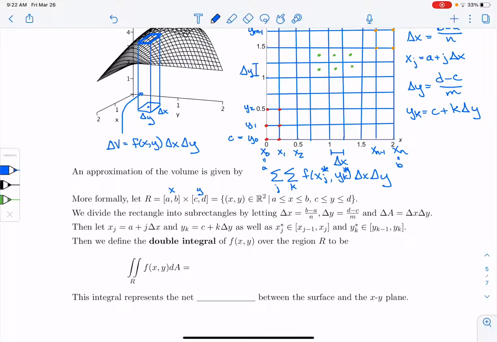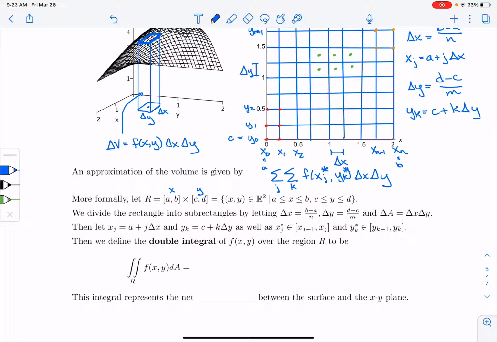Then we divide our larger rectangle into subrectangles of width delta x and height delta y, so that we have this delta A, the area of each one of those rectangles, which is delta x times delta y. Then we need to choose points x j star within the square and y k star within that rectangle.